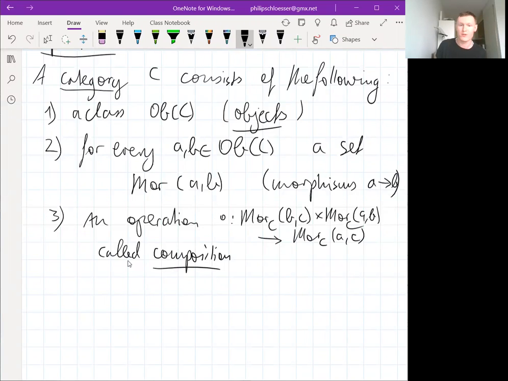Basically, we have a morphism from A to B and a morphism from B to C, and there's some way to compose them to get a morphism from A to C.